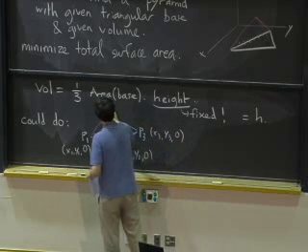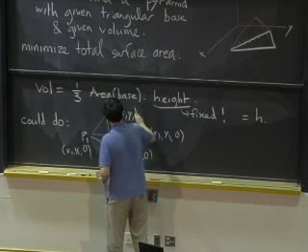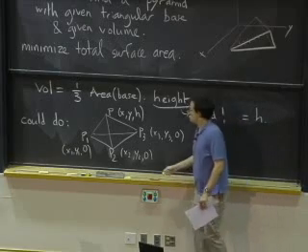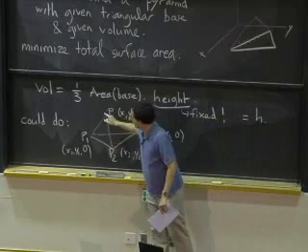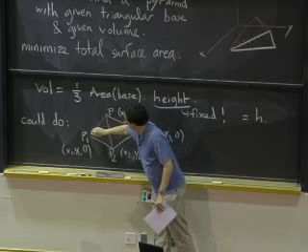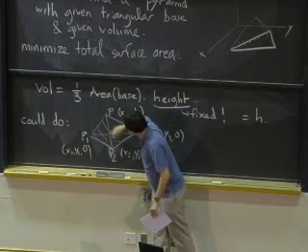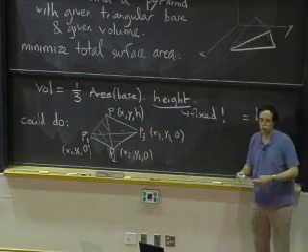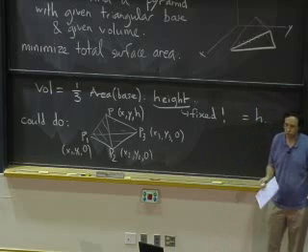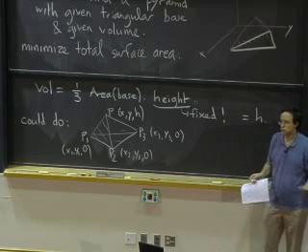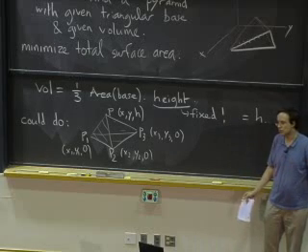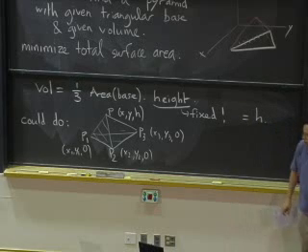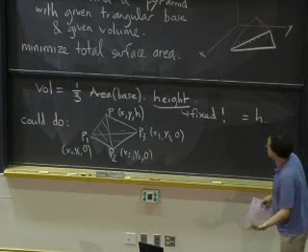This point P is the unknown point at x, y, h. Well, at least we know the height. Then we want to minimize the sum of the areas of these 3 triangles, one here and one at the back. Areas of triangles we know how to express using the length of a cross product. So that becomes a function of x and y, and you can try to minimize it, but it doesn't quite work. The formulas are just too complicated. You never get there.